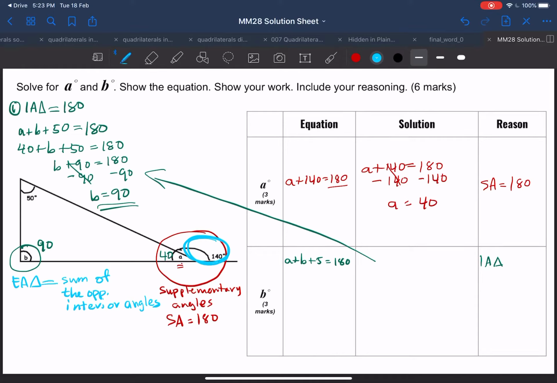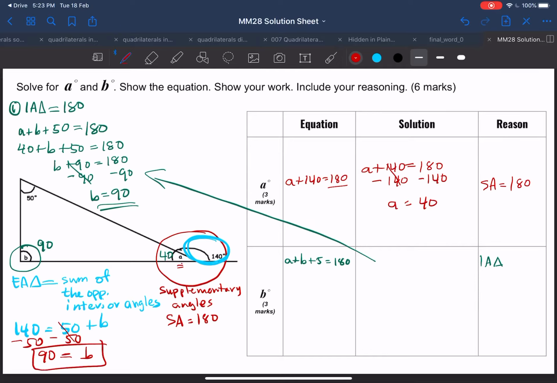That means 140 is equal to 50 plus B, because 140 is the exterior angle and the opposite interior angles are these two, 50 and B. So 140 equals 50 plus B. Now minus 50, minus 50, B is equal to 90.